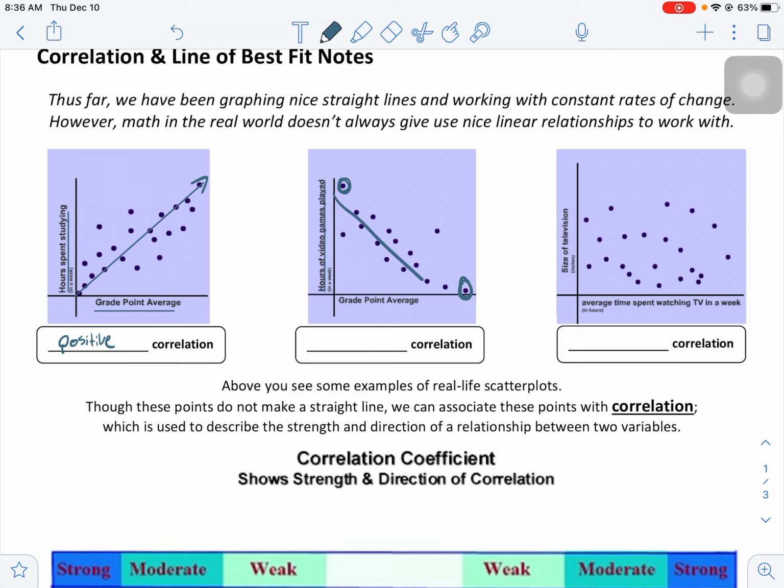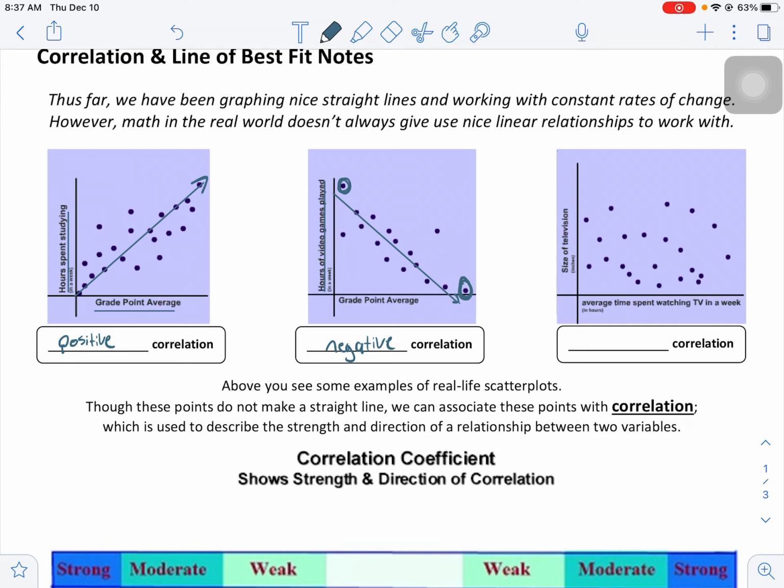If we draw a line through all of these points, something like this, it is called a negative correlation. And that's because it's going down from left to right. It has a negative slope.